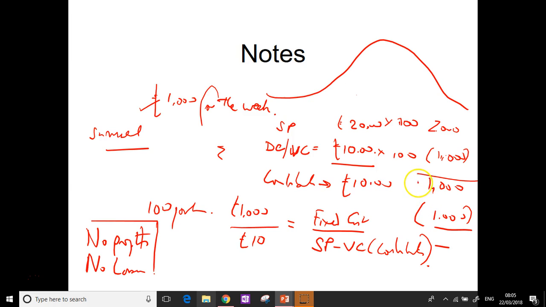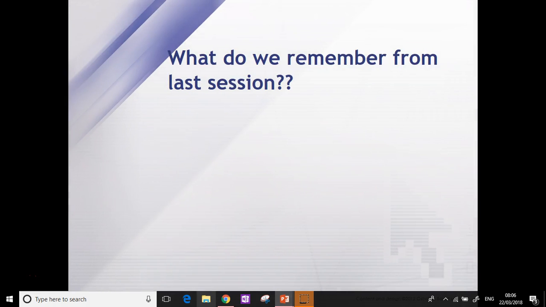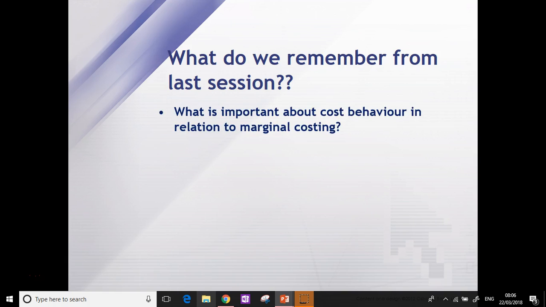So at break-even, contribution is equal to the fixed cost. Right. So this was the general idea, and it's also important to know what the graph looks like, and we can build one up. But let's see where we are, and let me take you to a graph.